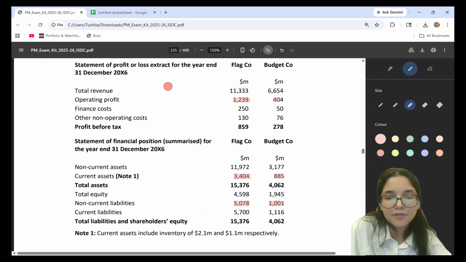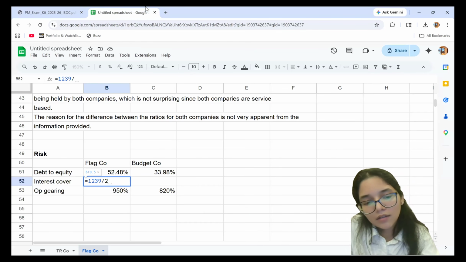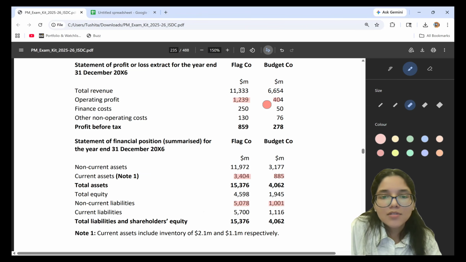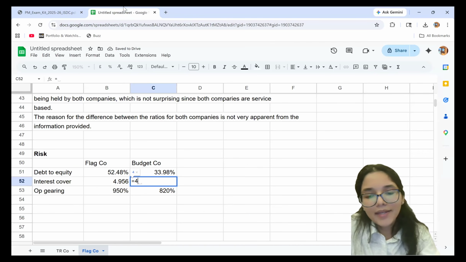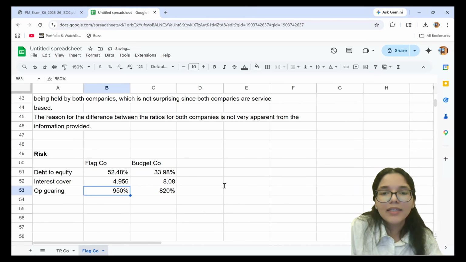Interest is 250, so 1239 divided by 250. And then for Budget company also, 404 divided by 50. So here we have calculated the interest coverage also.